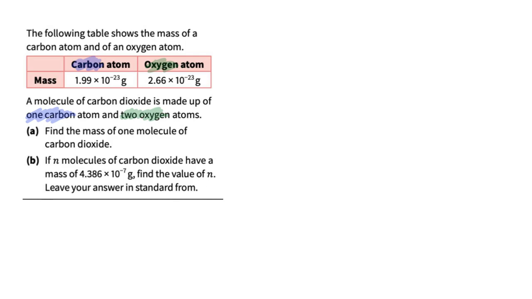So this is pretty straightforward. The mass of carbon dioxide, CO2, is equal to 1 carbon atom, which is 1.99 times 10 to the power of negative 23.